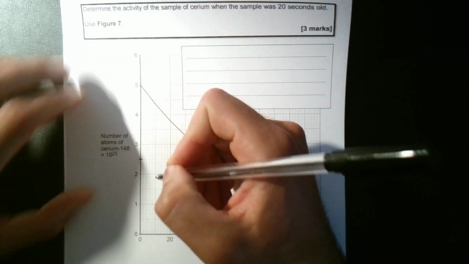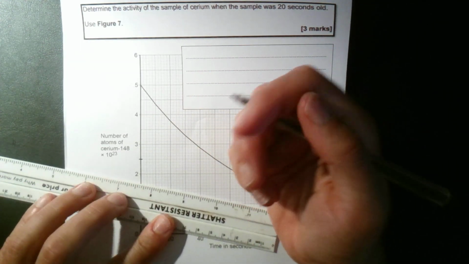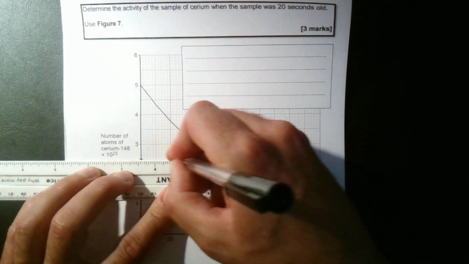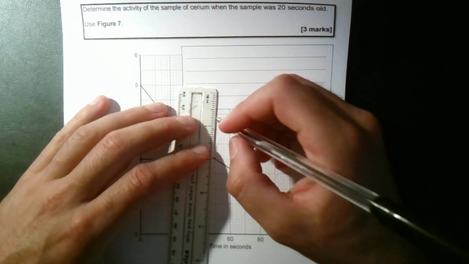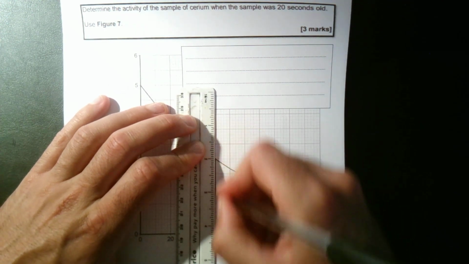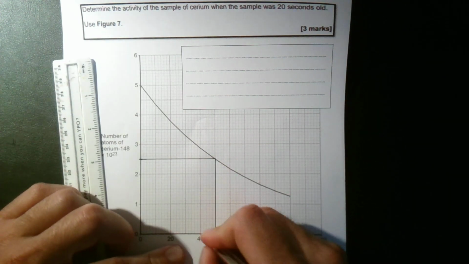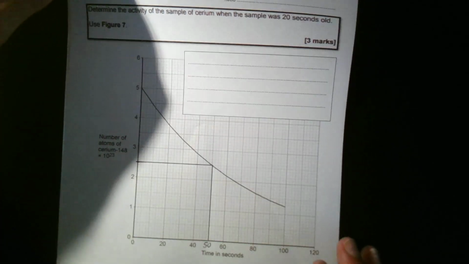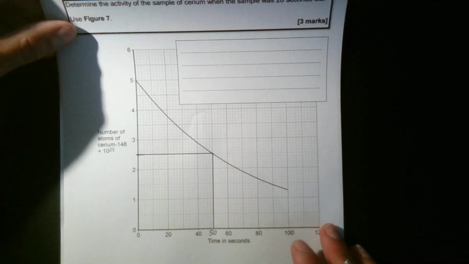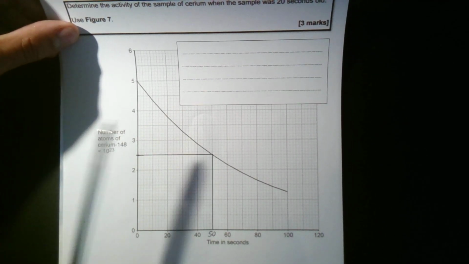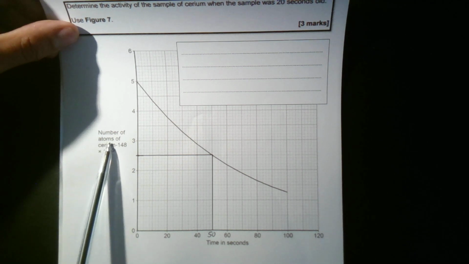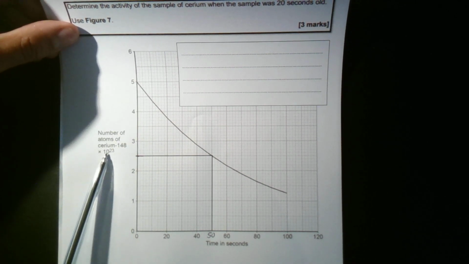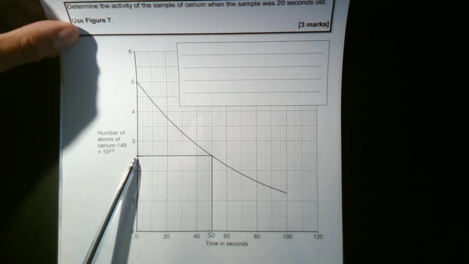So I'm going to go across at that point and draw a line, like so, and I'm going to go down here, and it lands quite nicely between 40 and 60, which is 50. So hopefully we can see that that's the time it takes for the number of atoms of cerium 148 to halve from 5 times 10 to the 23 to 2.5 times 10 to the 23.